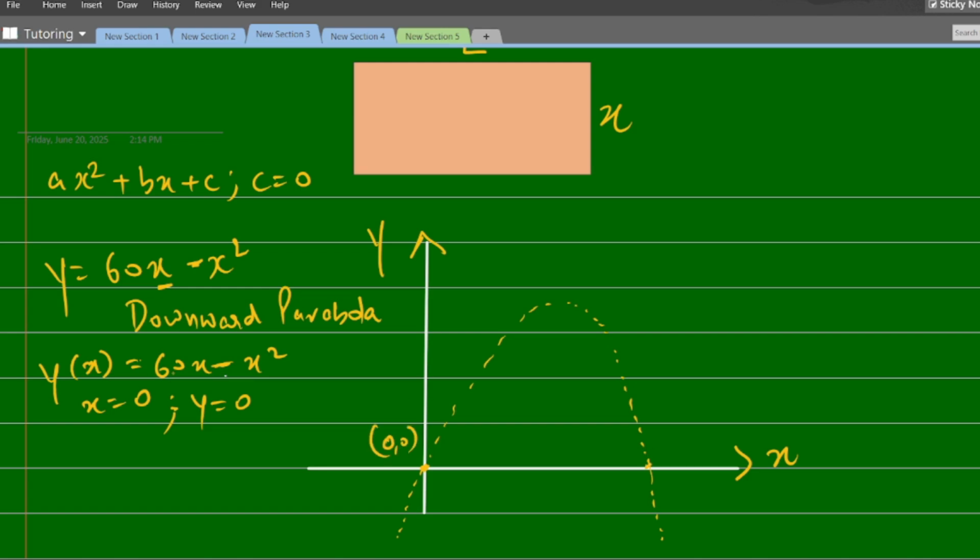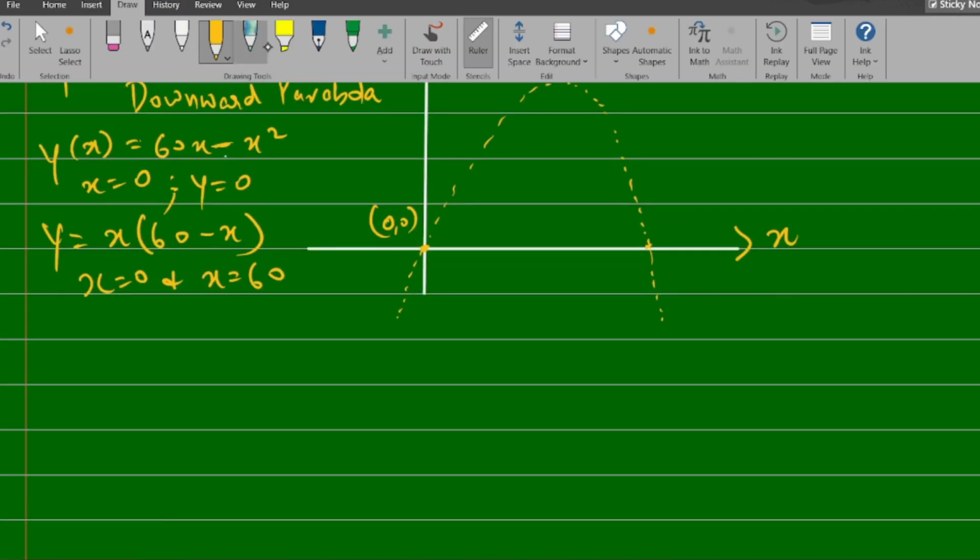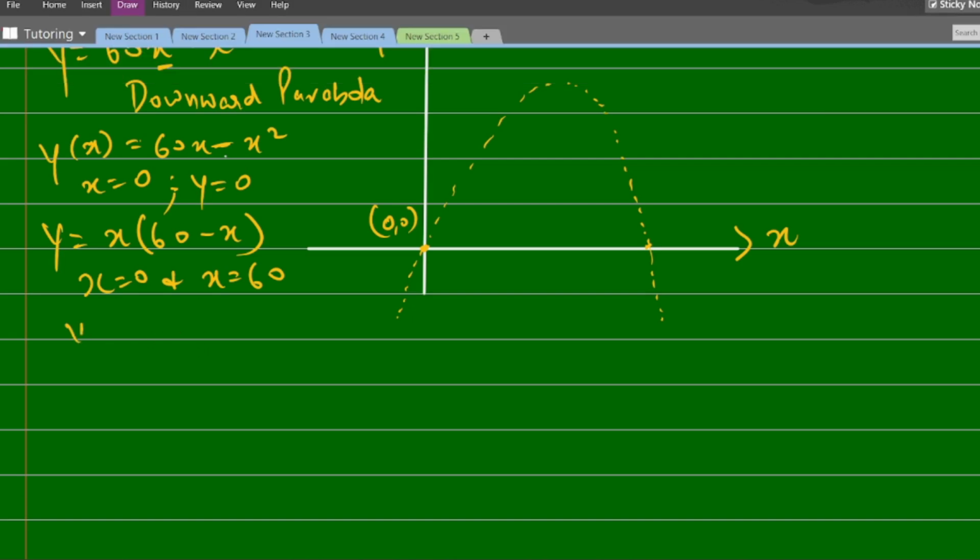And if you look at this, y could also be written as, if I take x common, x times 60 minus x. So for x is equal to 0 and x is equal to 60, y becomes 0.